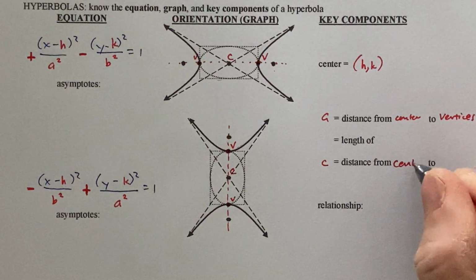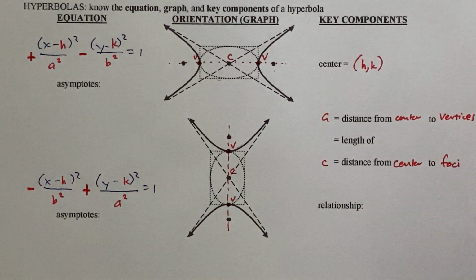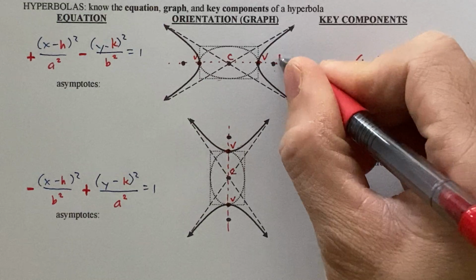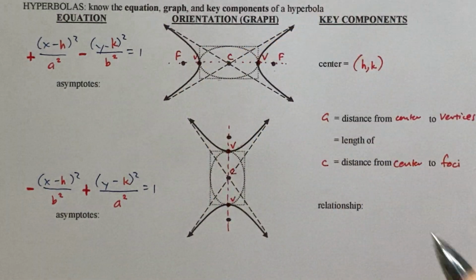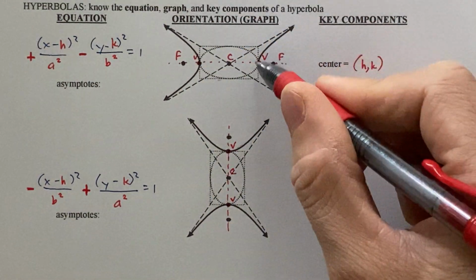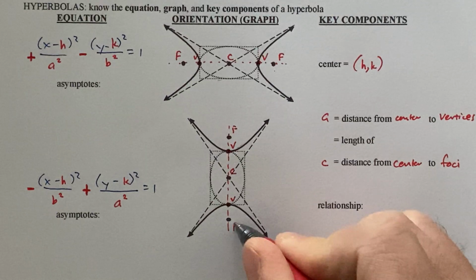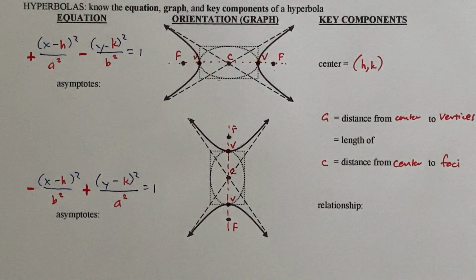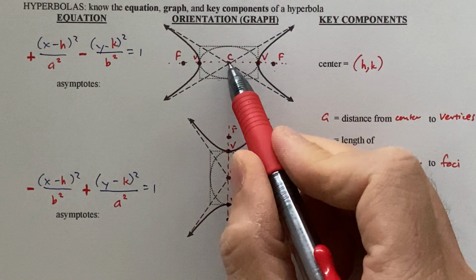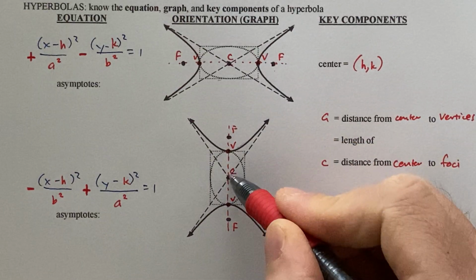It's still the distance from the center to the foci. Okay, so the foci in this case are going to be outside. Again, foci are almost like a magnet point that pulls your hyperbolas in outward directions, since the foci are further than the vertices.